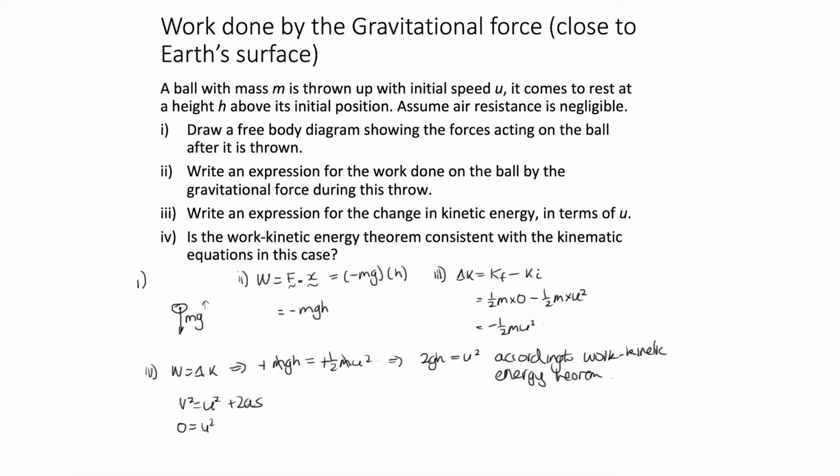Now the acceleration is downwards and it's g, so this is minus 2g, and then times the displacement, which is h. So rearranging this, we get 2gh equals u squared, and you can see that this is the same as what we got with the work kinetic energy theorem, which tells us that they are consistent.